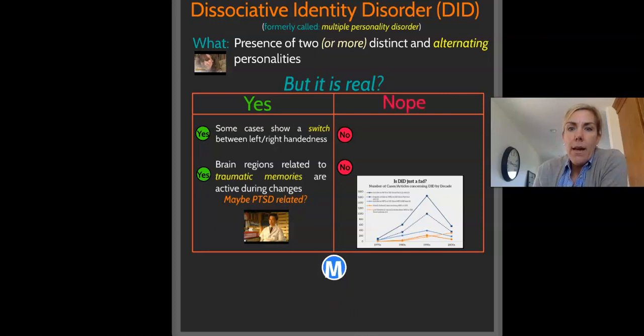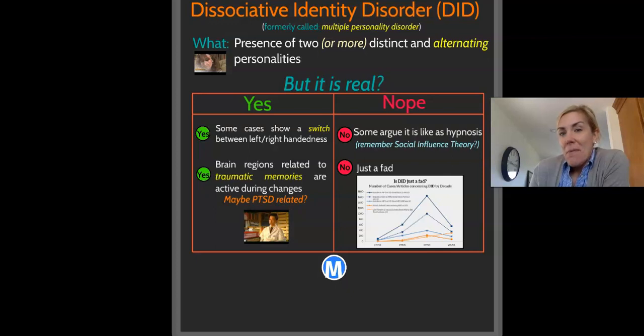And people that don't think it's real feel like it's kind of like hypnosis, like the influence theory. And some people think it's kind of just a fad. I mean, it's in the DSM-5. It's been around for a long time. Multiple personality disorder has been researched for a long time.